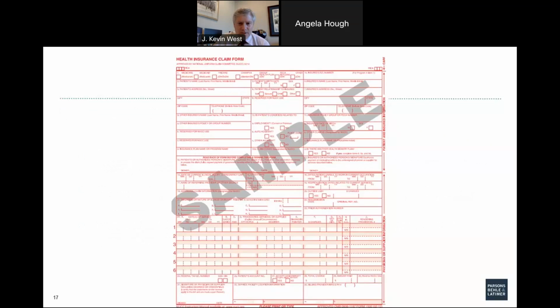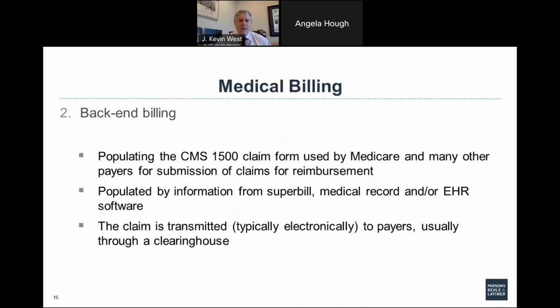I don't know how many boxes, probably 30 to 40 different boxes that are filled out or populated. Today's world electronically, but in the older days, often manually. And this CMS 1500 form just contains a great wealth of information regarding a particular patient encounter.